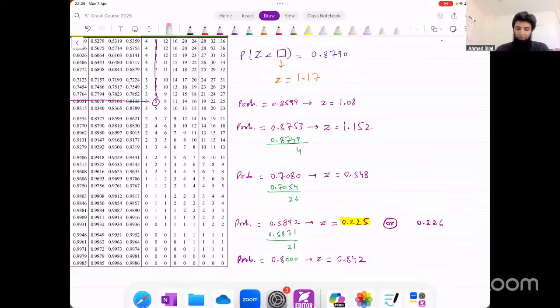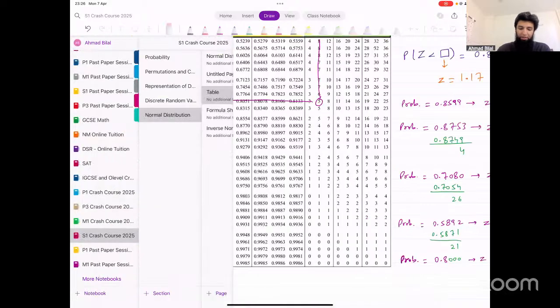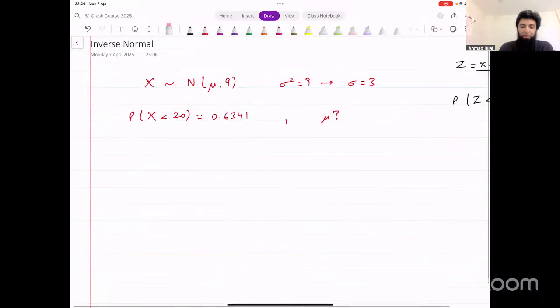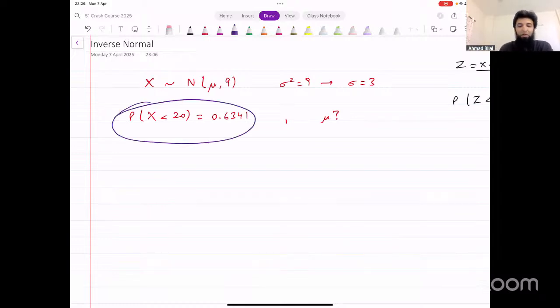All right, now let's get back to this example that we actually started from. We had x as a variable, which was normally distributed. The mean was mu, variance was 9, and we were given this probability, and we had to find the value of mu.